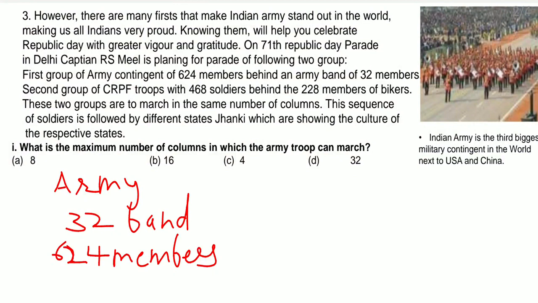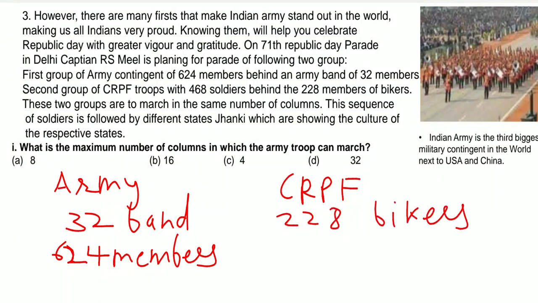Now the second group of CRPF, with 468 soldiers behind 228 members of bikers. So 228 members of bikers, and behind these bikers 468 soldiers will be there. In this way he has made two groups.